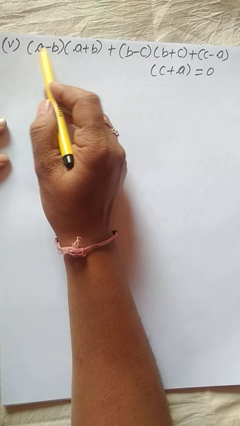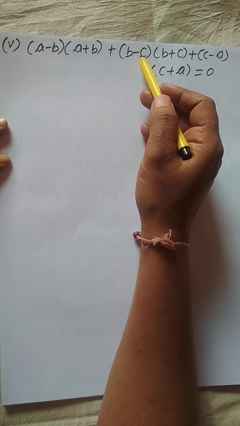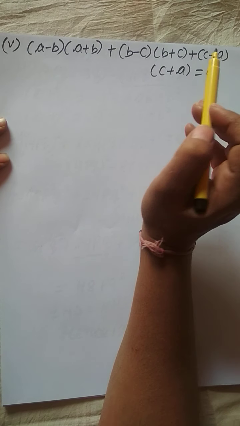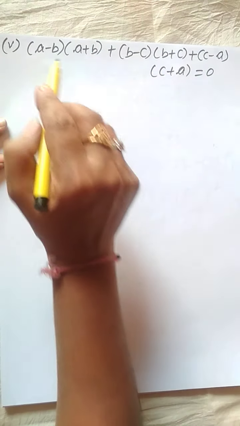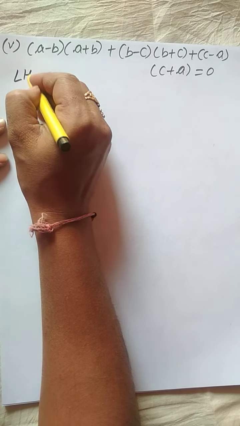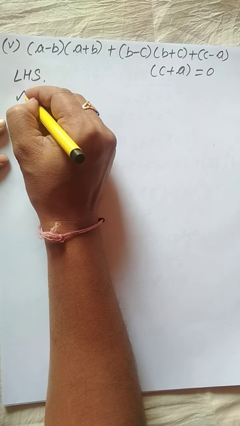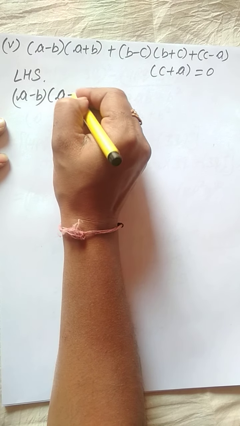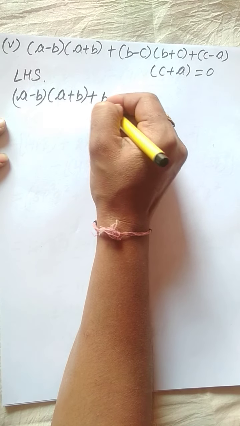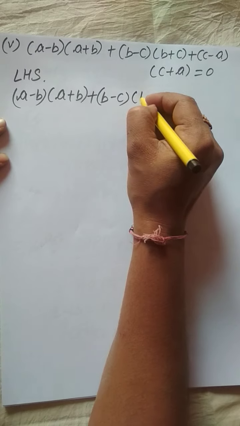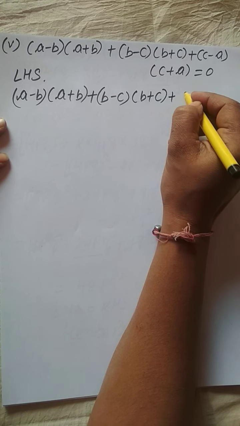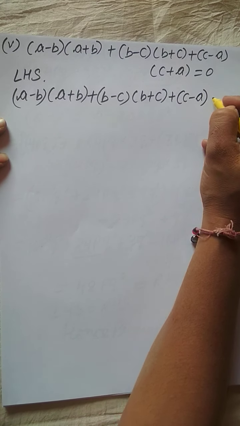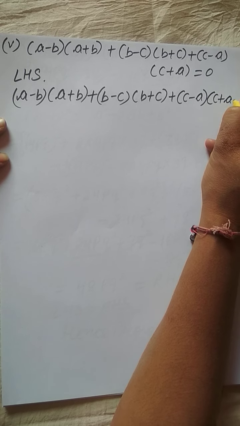Next part is (a − b)(a + b) + (b − c)(b + c) + (c − a)(c + a) = 0. Now firstly do the simplifications on the left hand side. This is (a − b)(a + b) + (b − c)(b + c) + (c − a)(c + a).